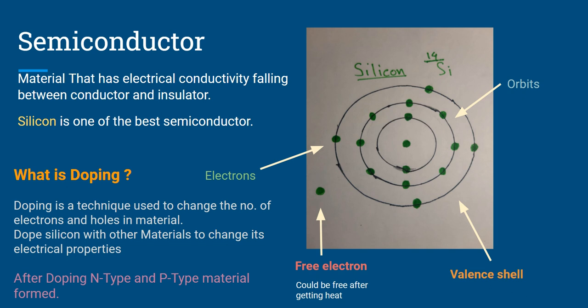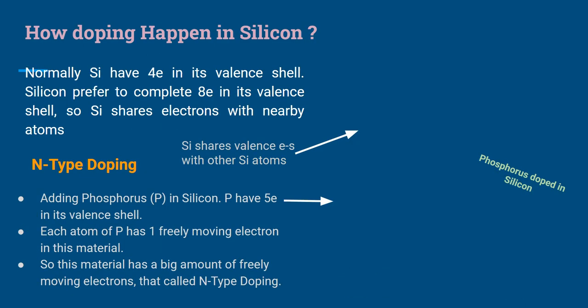Then how will it do this? This is where doping comes in. What is doping basically? Doping is a technique to change the number of electrons and holes in a material, and we are going to use phosphorus and aluminum in this tutorial to explain the formation of n-type and p-type materials.